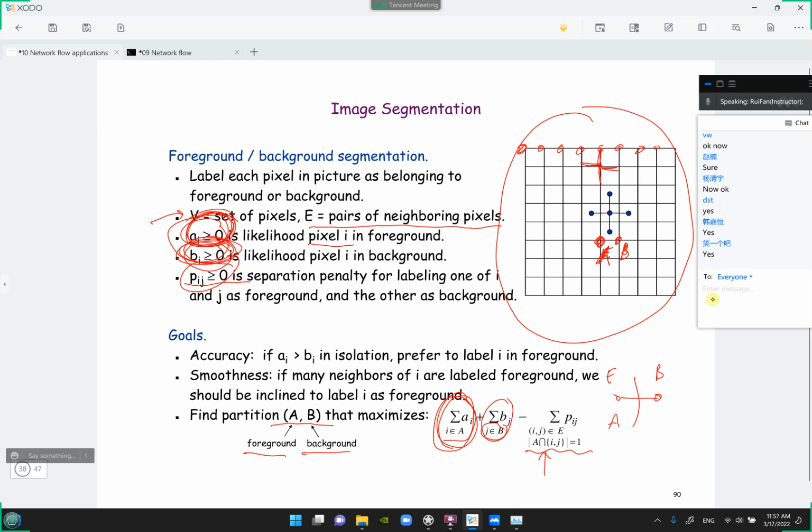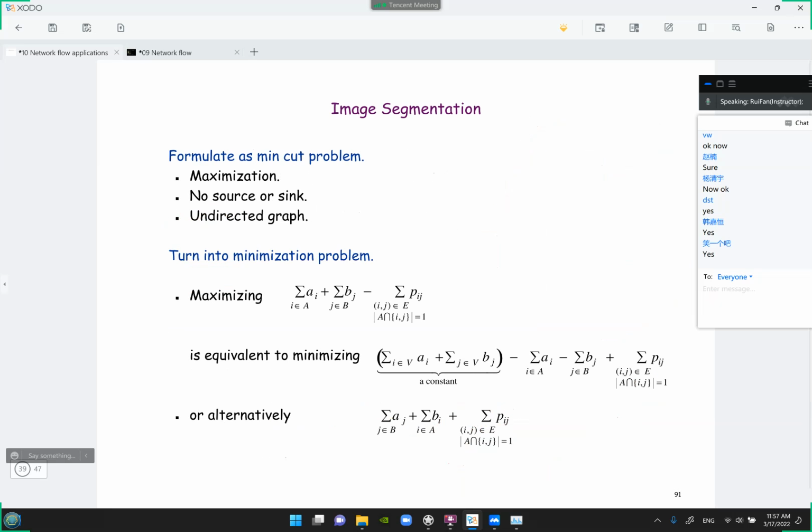When that happens, you need to subtract a penalty like this. So that's the problem. We're trying to maximize this quantity, which expresses how likely these pixels are to be in the foreground or background, minus the separation penalty. Next time we're going to see how to solve this problem using a min-cut formulation.